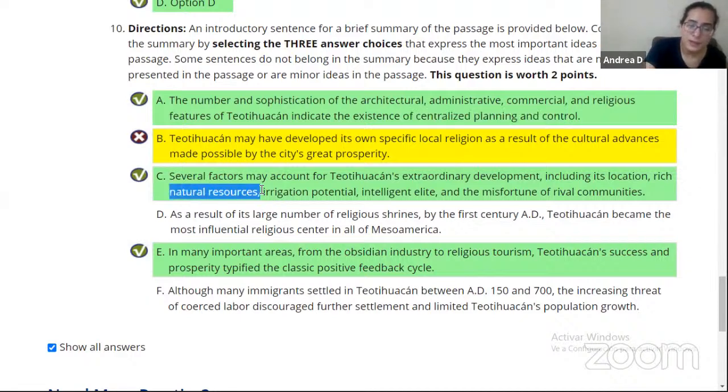The same happens in C. Several factors account for Teotihuacan's success or development, including, and not excluding, natural resources, potential, the elite, what have you. And the same in E, right? In many important areas, from the obsidian industry to religious tourism, with many of them in between, Teotihuacan was the picture of positive feedback.